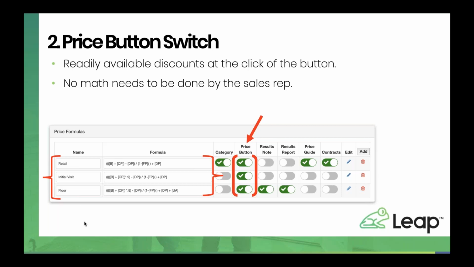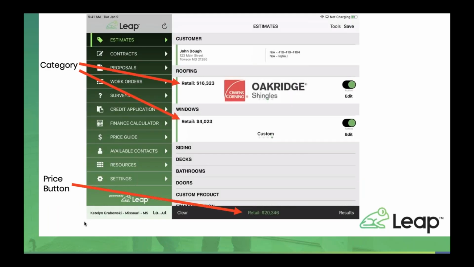I'm going to show you guys where you're going to see those filtered to now on the iPad application. Okay, so here we have a little screenshot of the iPad. You can see where the category switch is filtering to. It's giving you the subtotal of roofing and windows simultaneously right underneath that gray bar.